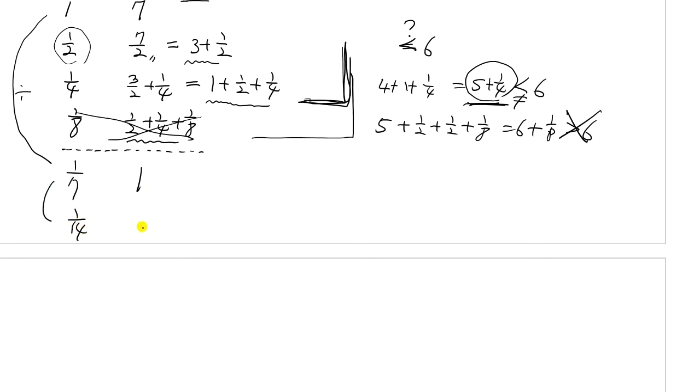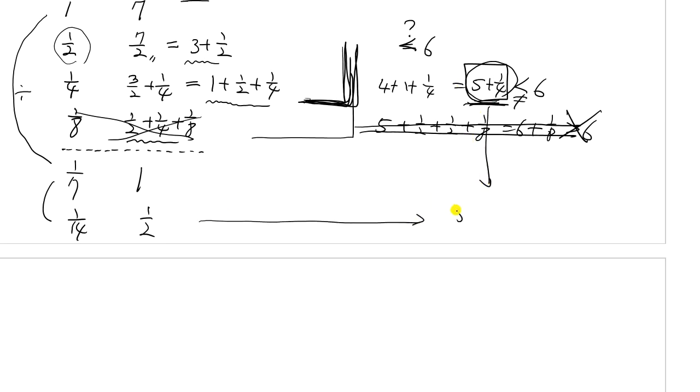So 1/14, and that goes to 1 half. We don't use this one because it's greater than 6. So we still have this much. Then adding with that result is 5 plus 1 half plus 1/4.